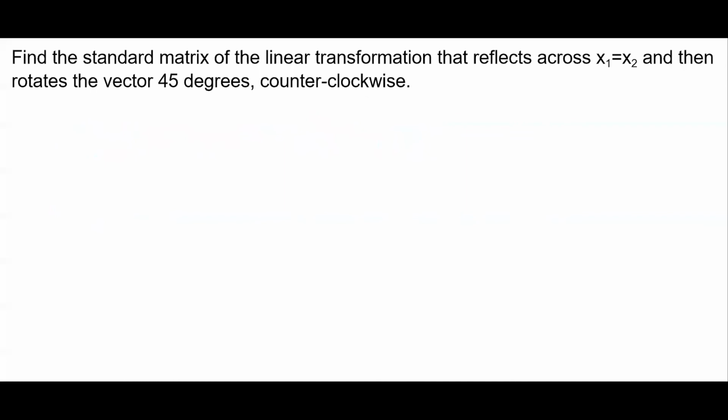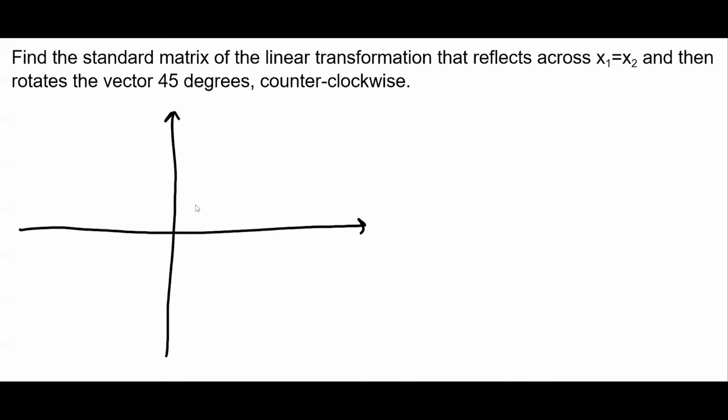Okay, now find the standard matrix of the linear transformation that reflects across the x1 equals x2 line and then rotates the vector 45 degrees counterclockwise. So again, let's make a picture. E1 is here. And what is x1 equals x2?